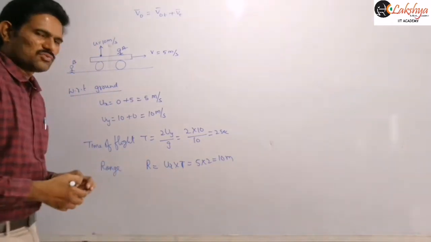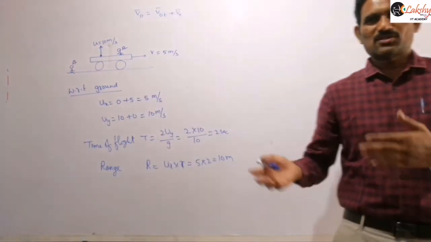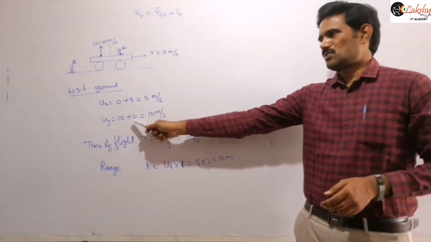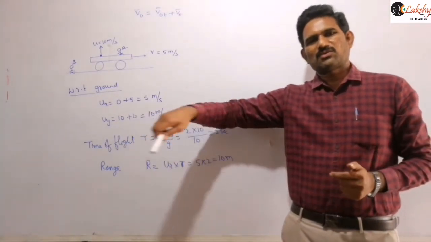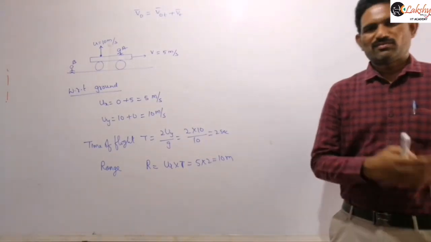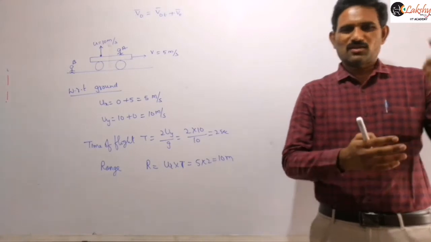So that is the range with respect to this data, and if you want to answer about the trajectory, from here itself you can answer. With respect to the ground, the body has this horizontal component and vertical component. And with respect to the ground, acceleration will be there only in the vertical direction.